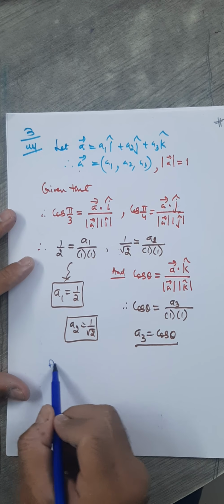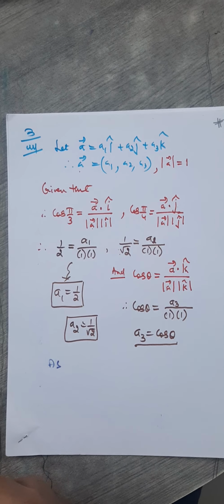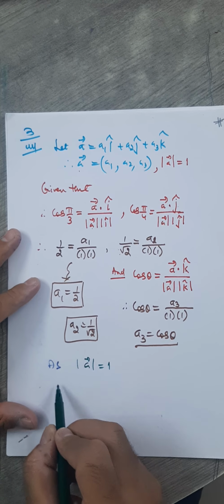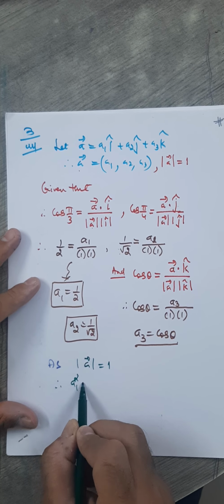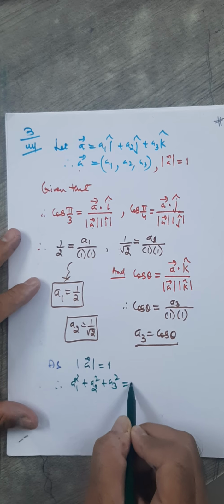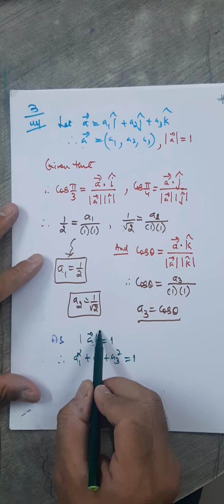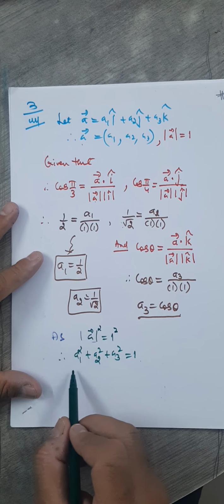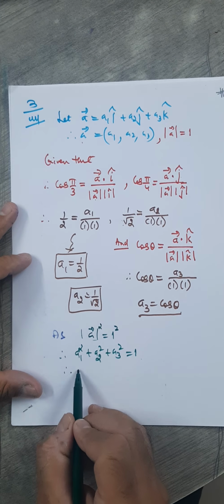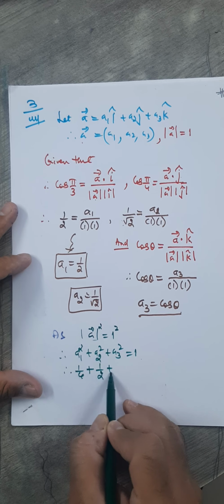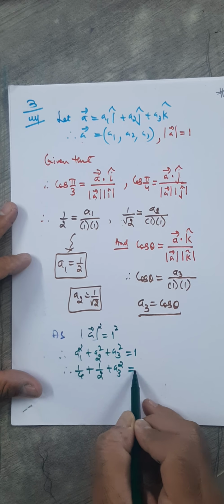Which information? As magnitude equals 1, you will get A1 square plus A2 square plus A3 square equals 1. Just use the definition of modulus. You can square it. So 1 square is 1. What is A1 square? 1 by 4. What's A2 square? 1 by 2. A3 square as it is equals 1.